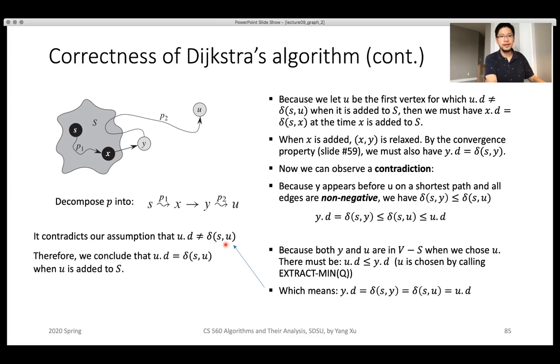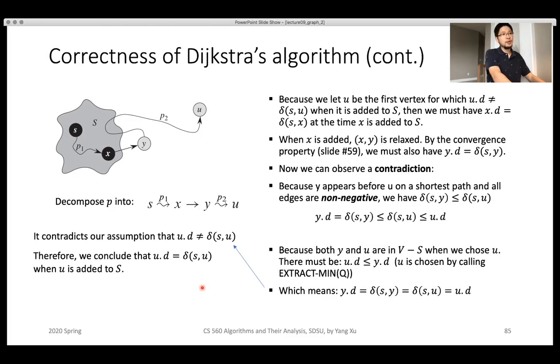So our conclusion is that at the moment U is added to S, the D of U is already the delta between S and U. And that's the brief proof of this correctness theorem done.